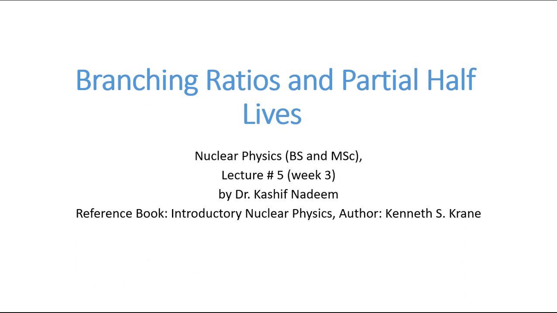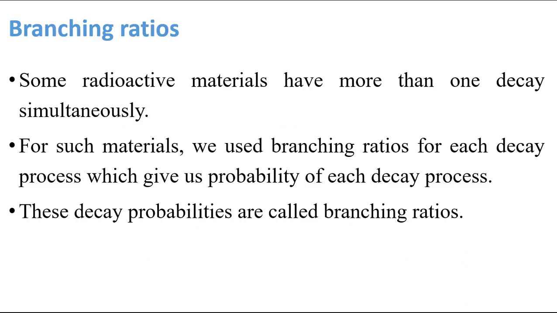Now we are moving to lecture 5 in week 3. It is about the branching ratio and the partial half-lives. So what are branching ratios, and why do we need them?